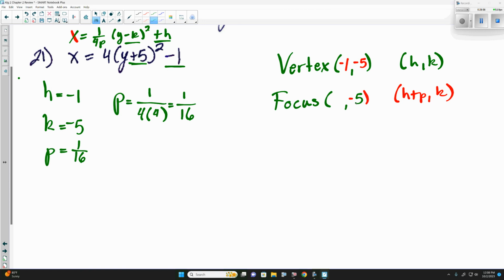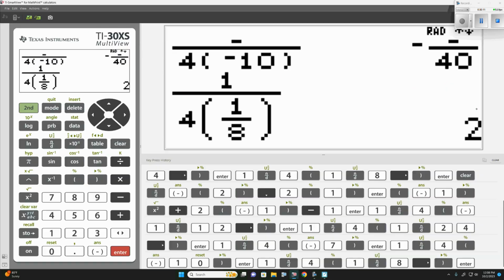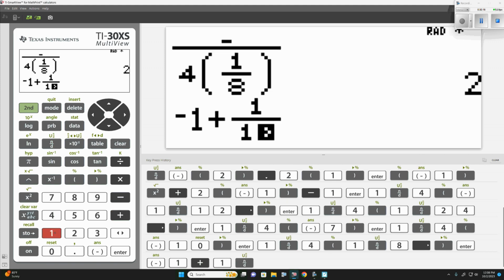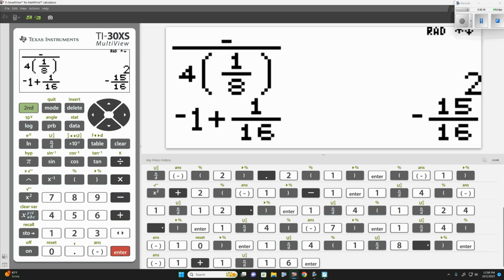Now we do need to calculate h plus p. Well, our h value in this case is -1. Our p value is 1/16. So we do need to add -1 plus 1/16. Doing this here might be a little bit easier in the calculator. -1 plus 1/16 is -15/16.